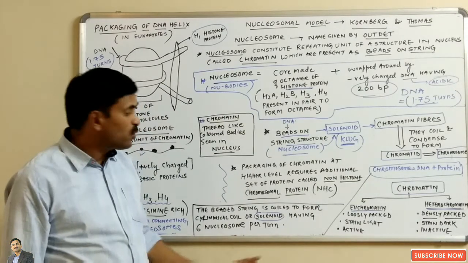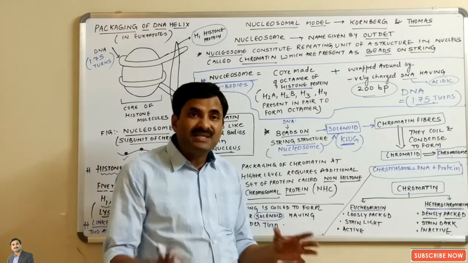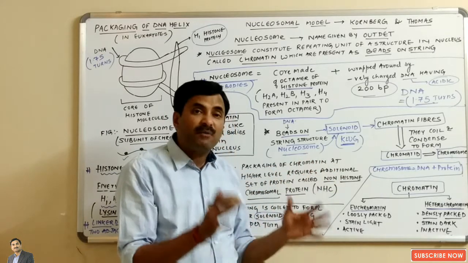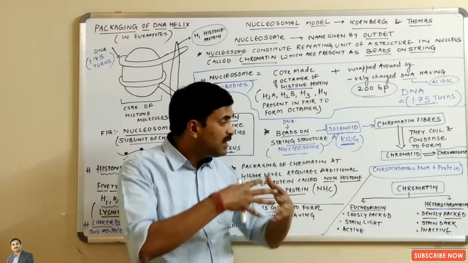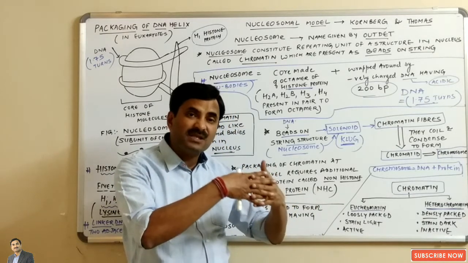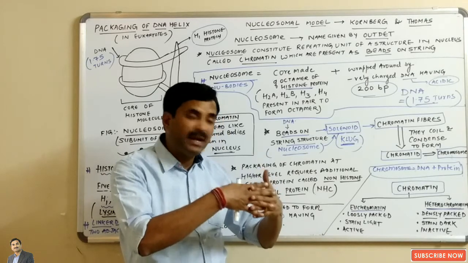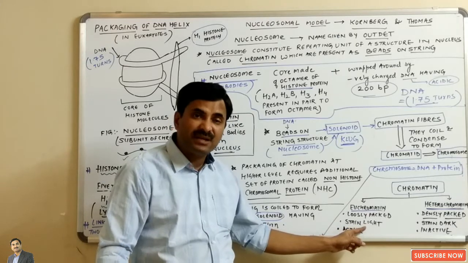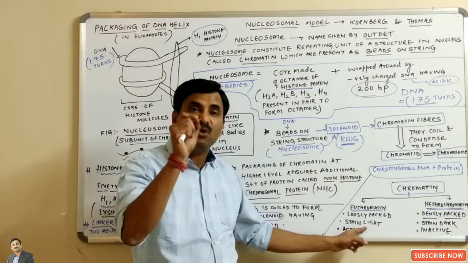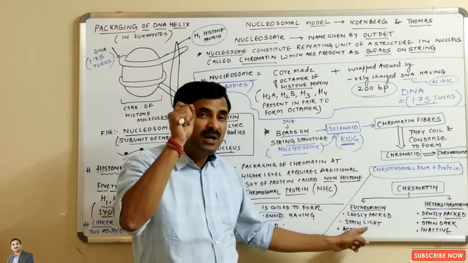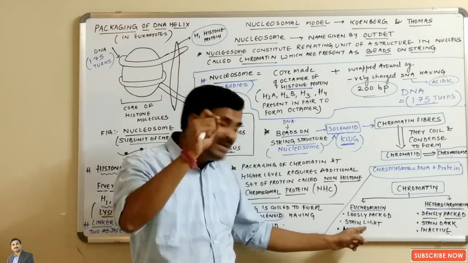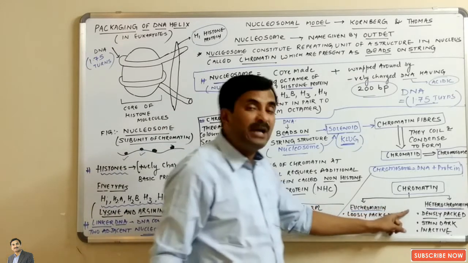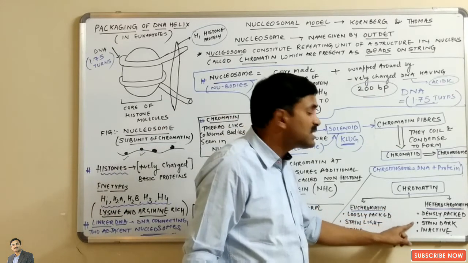You must know that euchromatin are loosely packed, not so tightly packed, while heterochromatin are densely, tightly packed. This is the first point of difference. The second point is that euchromatin stains light, while heterochromatin is darkly stained.